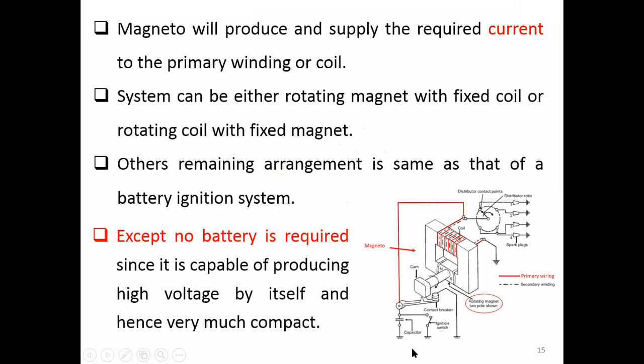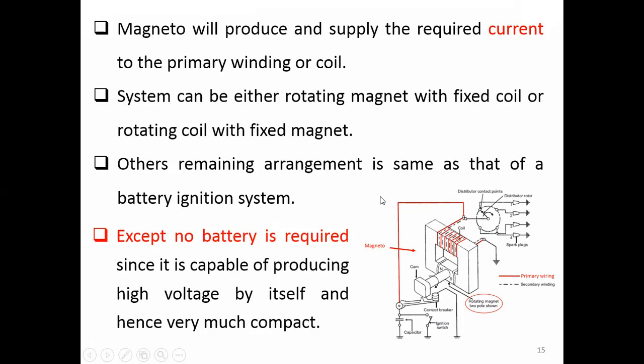The magneto that we have in here will produce and supply the required current to the primary coil here. So due to the rotation here, it will create the current in the primary winding. As I already mentioned, the system can be either a rotating magnet with a fixed coil or a rotating coil with fixed magnets.